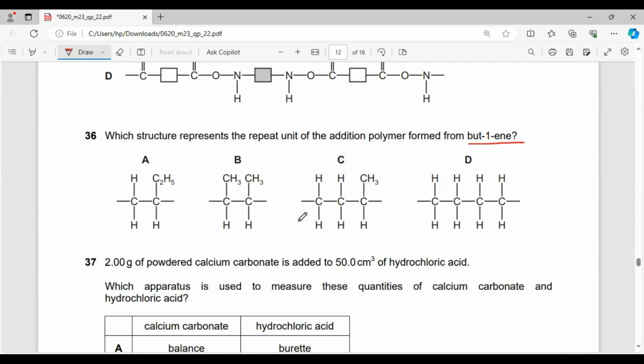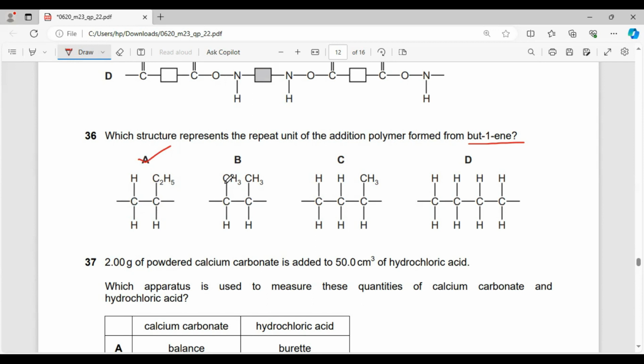So, from all the structures, if you observe structure A, there is a double bond between first and second carbon atom. In total, we have 1, 2, 3, 4, total 4 carbon atoms here, and also the double bond becomes a single bond between the first 2 carbon atoms. So option A is correct.